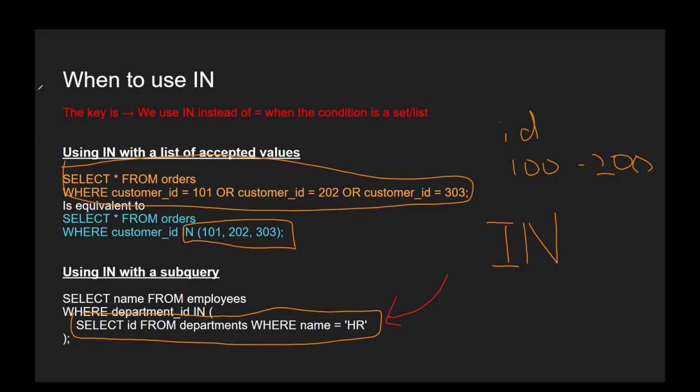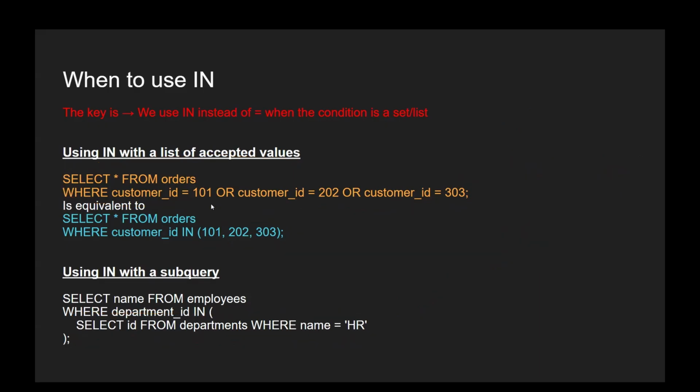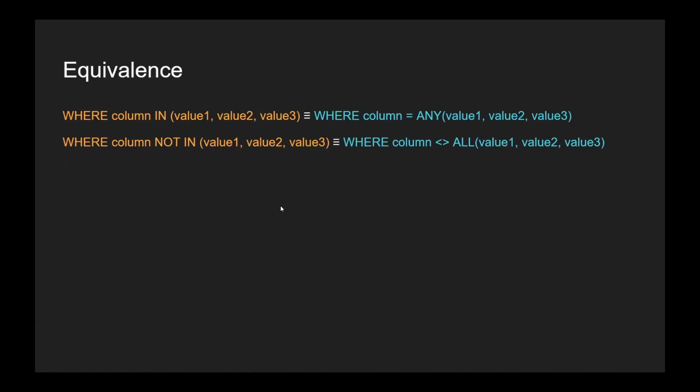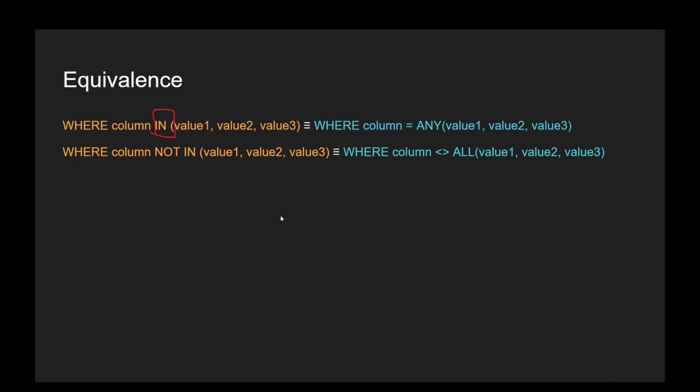That being said, there's another thing that I would like to tell you guys, which is the equivalence. In a column, in value 1, value 2, value 3, let's say it's 101, 102, 103. If you see this in, it's actually equivalent to this equals any.